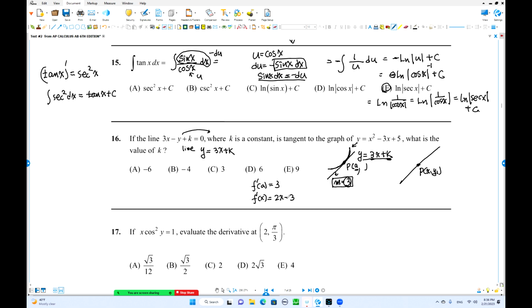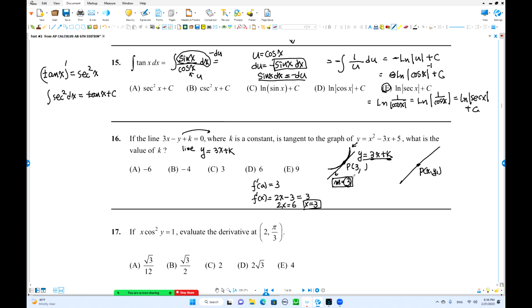We're going to find the value of a where the slope is 3. So 2x minus 3 equals 3, 2x equals 6, x equals 3. That is the value of a. a equals 3.